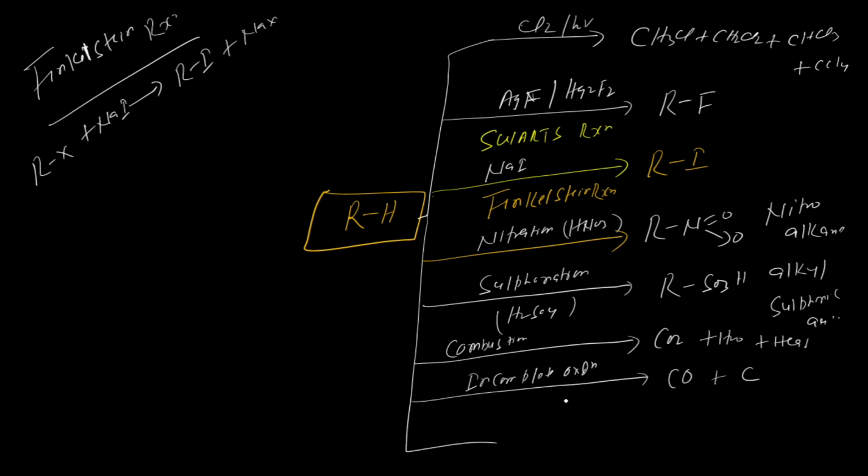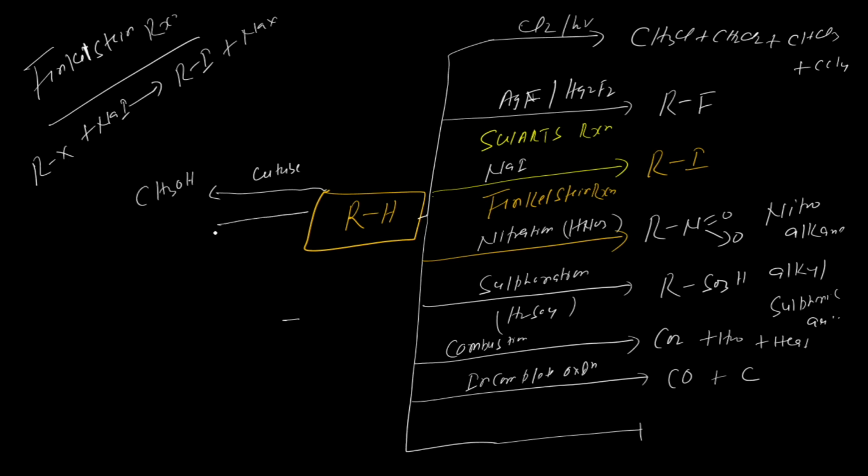And now the catalytic oxidation is a very important one. Catalytic oxidation, first in presence of copper tube and high pressure. What does it give? Suppose we take methane, it gives methanol.